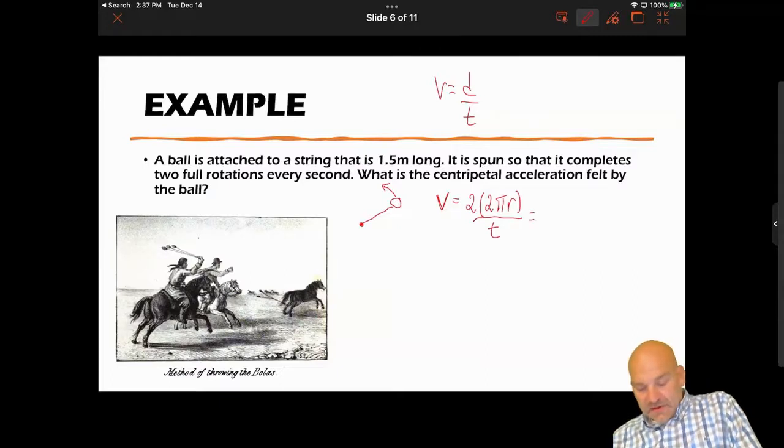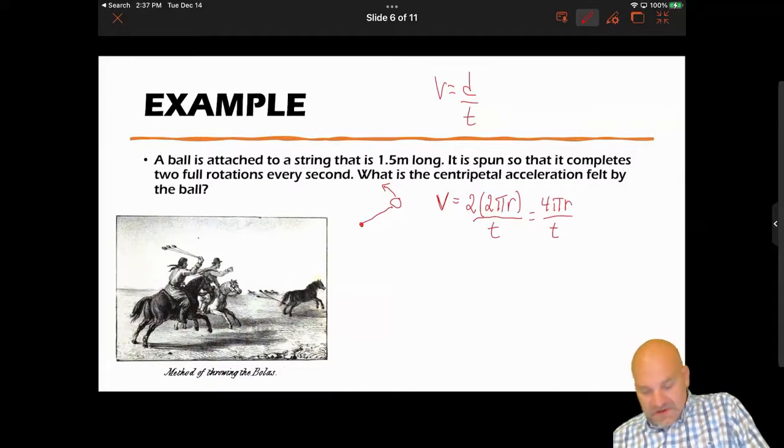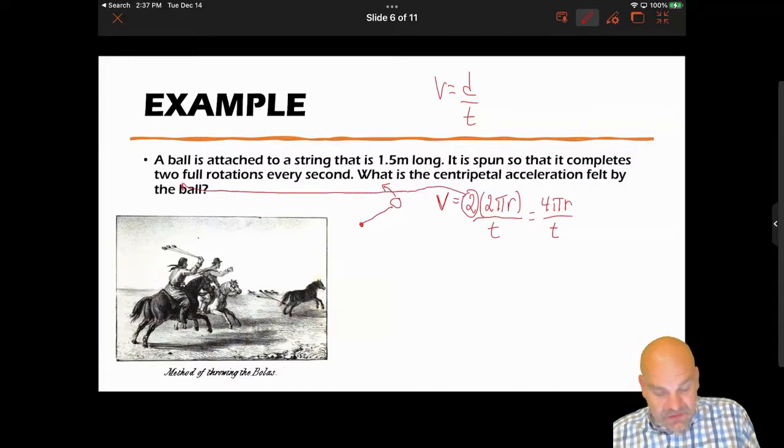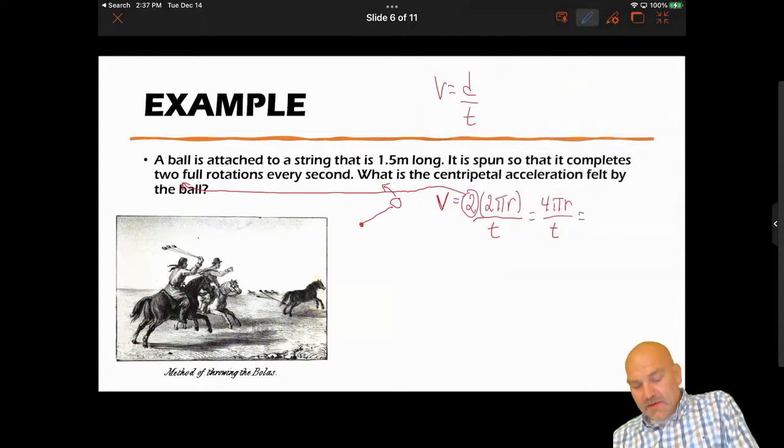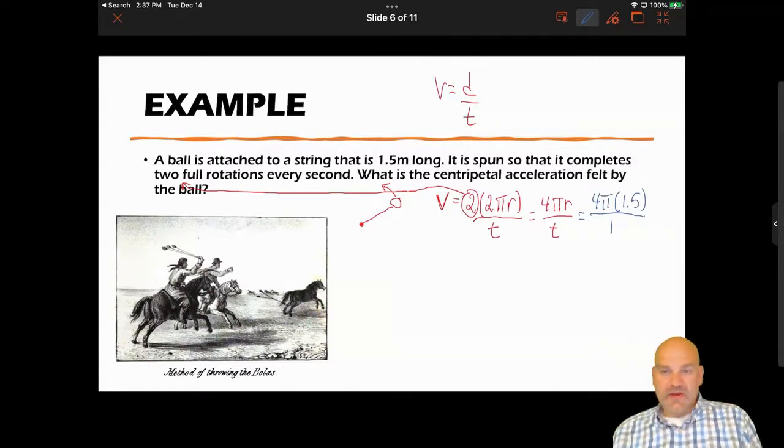So it's like I'm going to do 4 pi r in my time frame. And this 2 is because it tells me right here I do 2 full rotations every second. So now I'm going to plug in my numbers. I'm going to say 4 pi, the radius of my string, divided by my time.